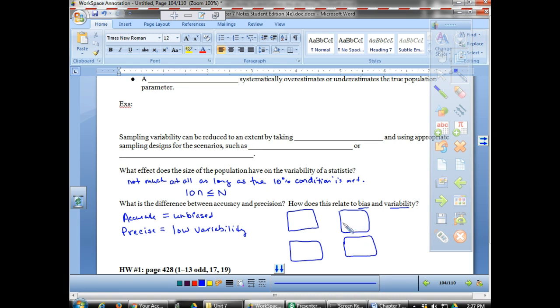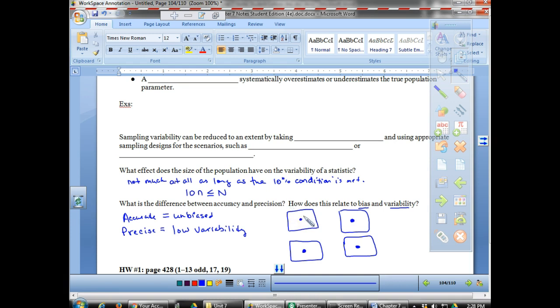Okay, this is sort of like all the possible outcomes. So here's my bullseye. Now, remember I told you this, we're going to be creating many samples and using the formula you came up with to come up with a prediction over and over and over. So those are our statistics or our estimates.